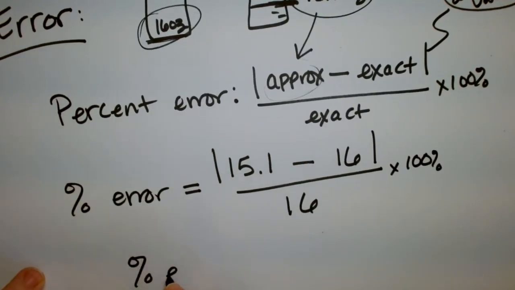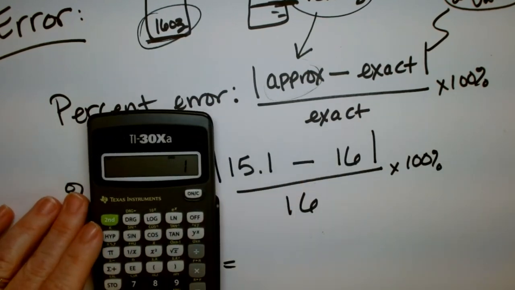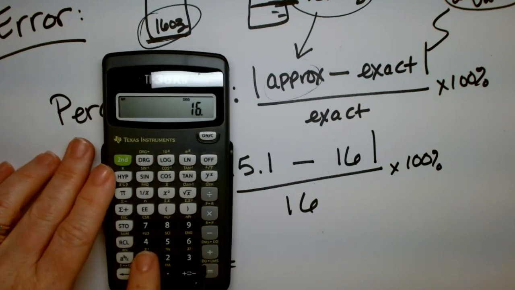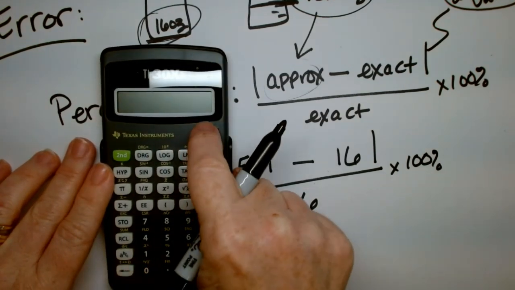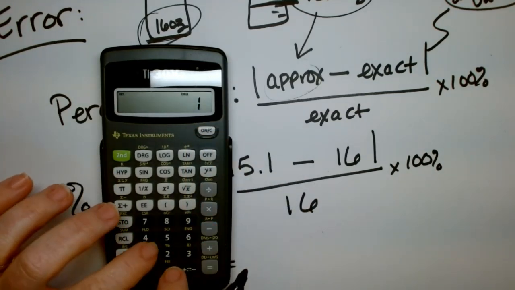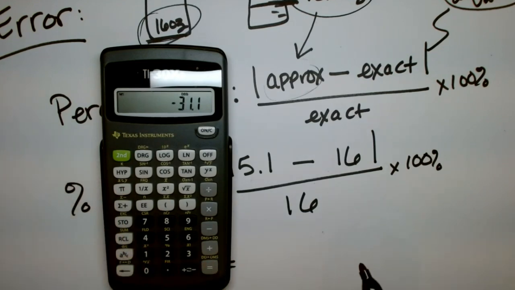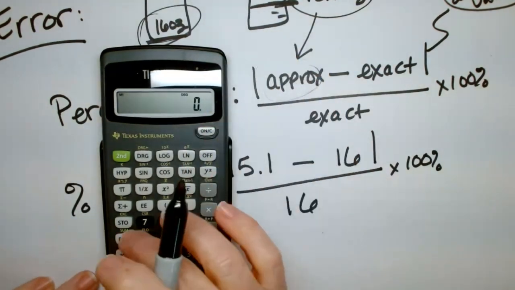Okay, so percent error. How this would look on your calculator is you would say 16 minus 15.1. Okay, that didn't work. It is pulling up a memory.